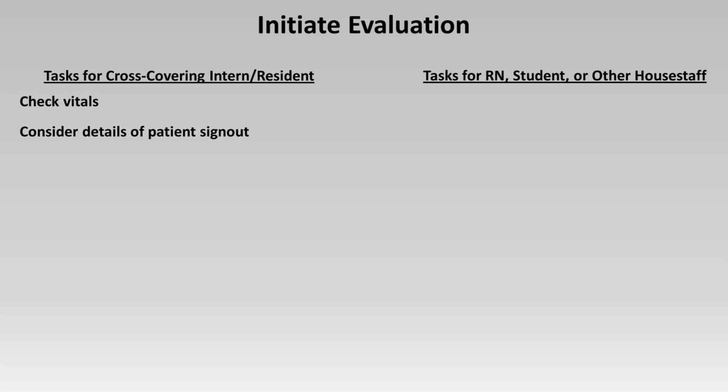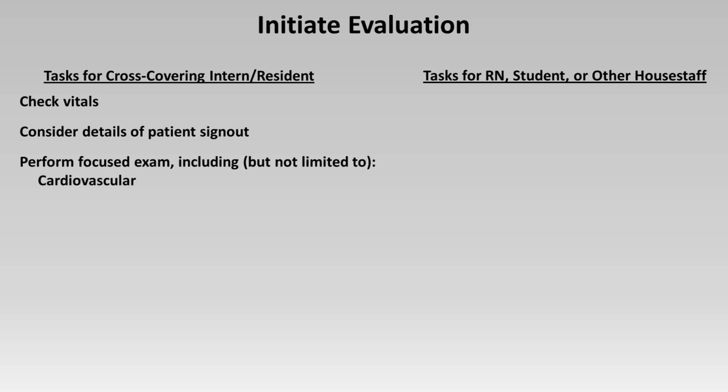Using any history provided by nursing and the sign-out to guide you, you should then perform a focused physical exam, which should include, but not necessarily be limited to, a typical cardiovascular exam, and something one could call the 5-minute neuro screen. This is essentially a very quick neuro exam designed to look for life-threatening problems in a confused, potentially non-cooperative patient.